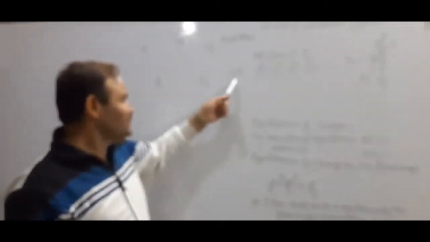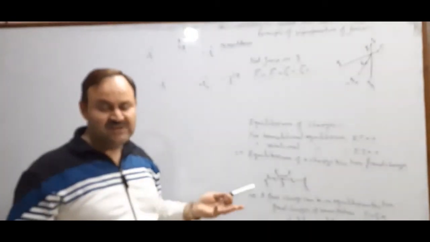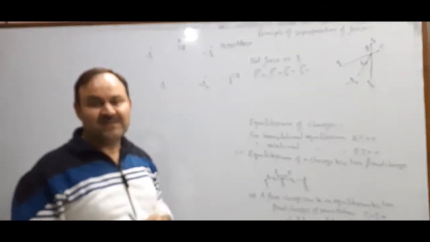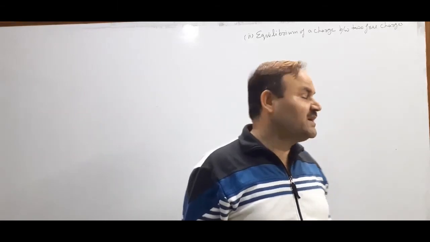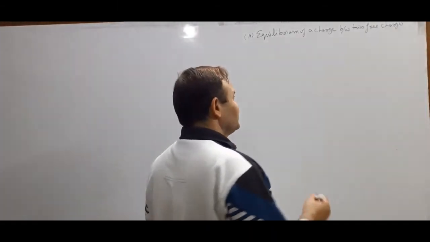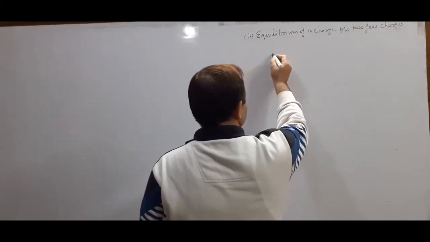If the net force on the charge Q can be made zero, it will be in equilibrium, otherwise equilibrium will not be possible. Now we will consider the case of equilibrium of a charge between two free charges. Again, we can take various cases.